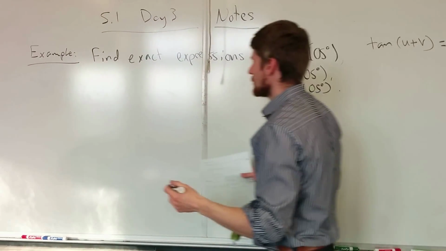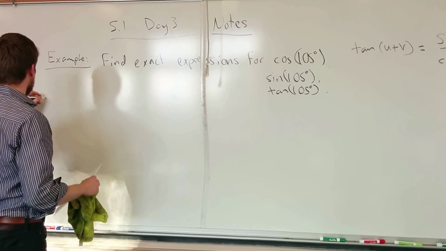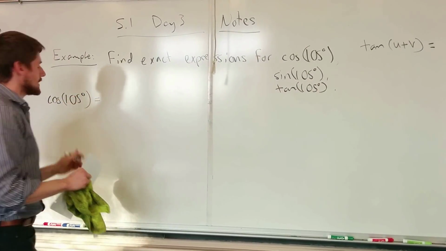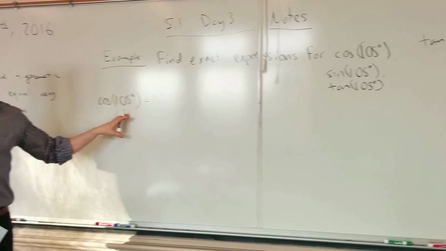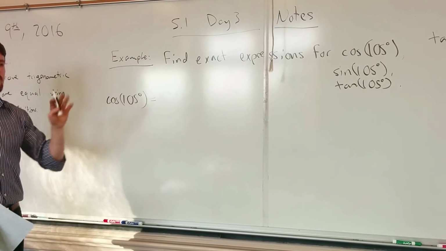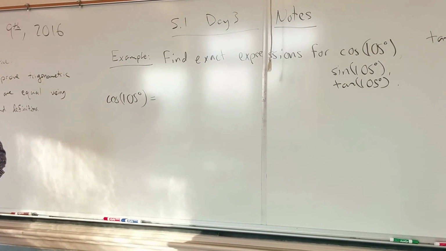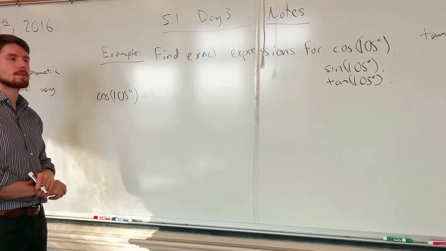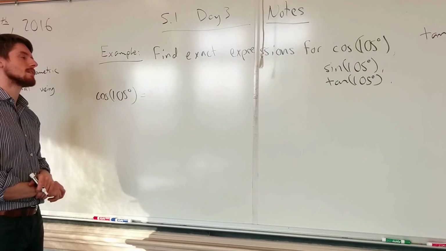Okay. So, first, cosine of 105 degrees. Well, I need to break this angle into two angles that I know the cosine and sine of. Well, what two angles could 105 be? If I were to add up to 105, what would I get?